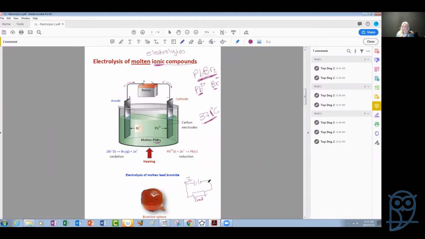I mean, in an electric circuit, all the parts that make up this electric circuit, from the battery to the load to the wires, everything has to conduct. So the load in this case conducts, but it's not a metallic wire. It's a molten electrolyte. It has ions instead of free electrons. Now, once it conducts, there is the same current everywhere in the circuit, like in any other circuit.